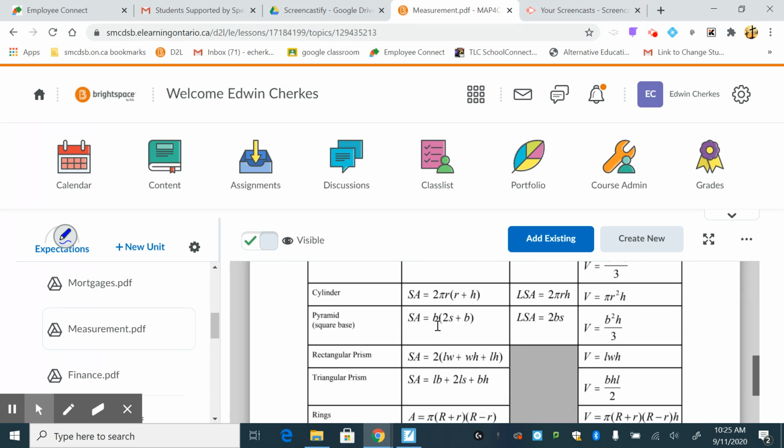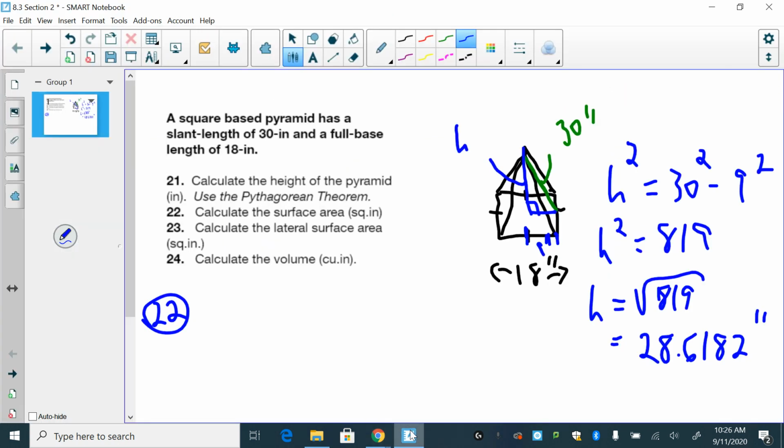So this is the one I want. B is the base, full base length, bracket 2 multiplied with S, which is the slant length, plus the full base. So B, 2S plus B. Surface area equals B bracket 2S plus B.